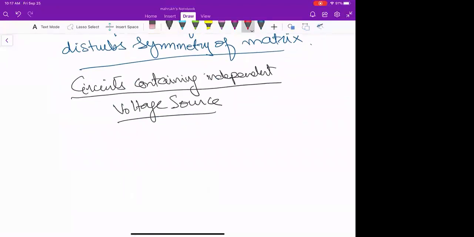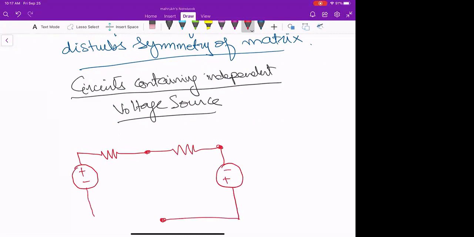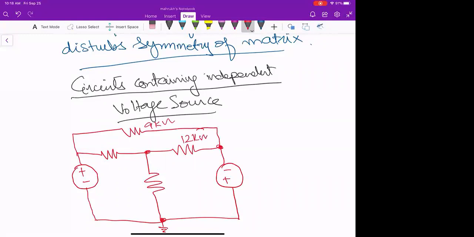So let's talk about this circuit. So how many nodes are there?